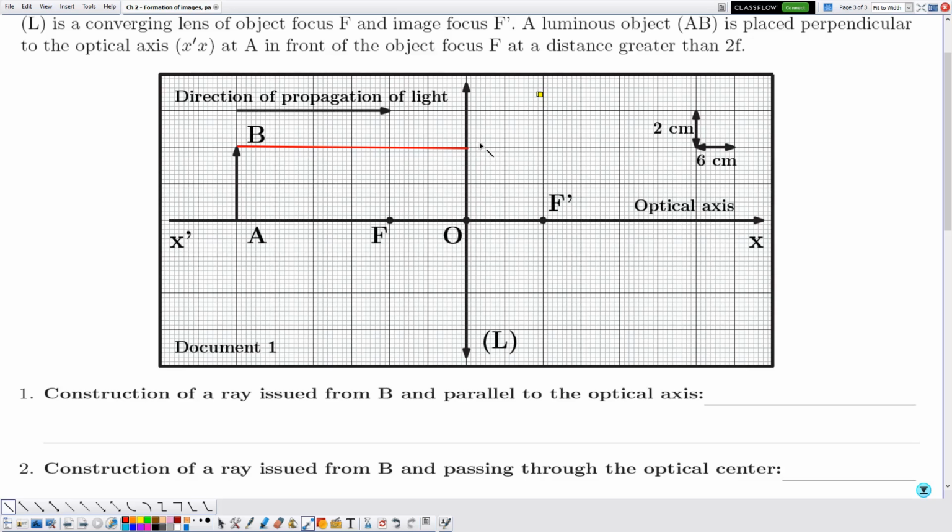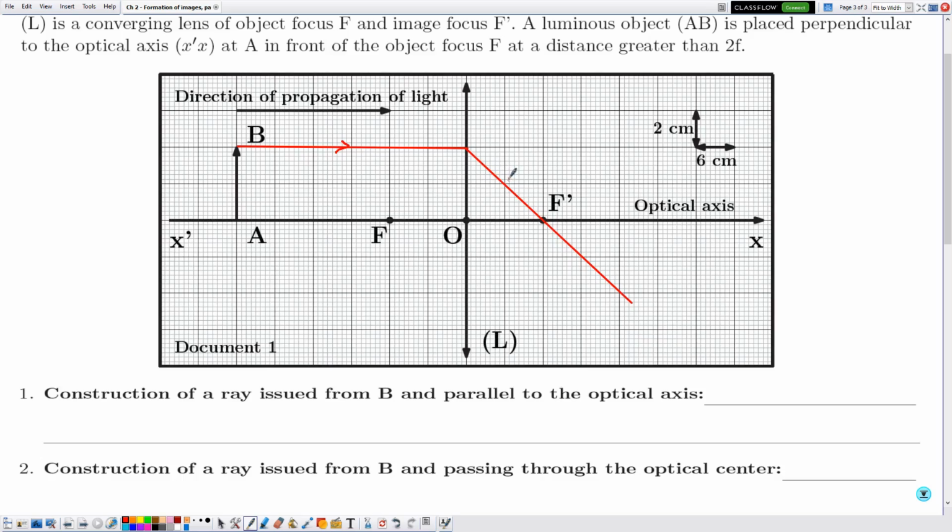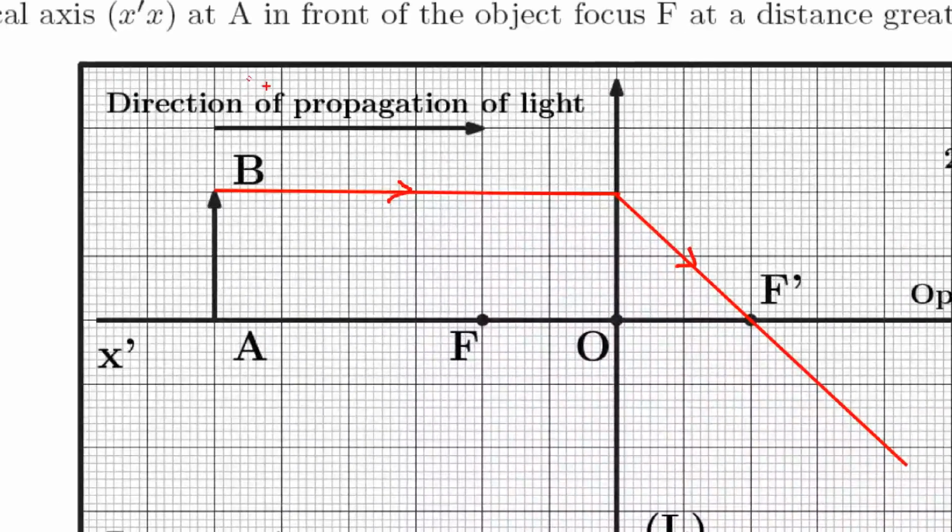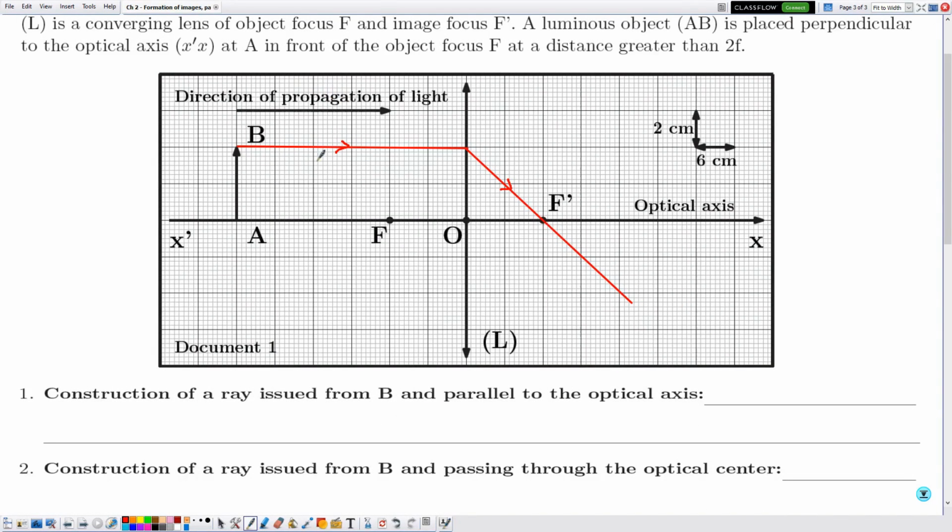We know that this ray will emerge passing through the image focus like this. Okay, and we don't forget arrows on light rays, incident rays as well as emergent rays that indicate the direction of propagation of light, which is from left to right. And construction means that we need to trace and justify. Now let's do the justification.